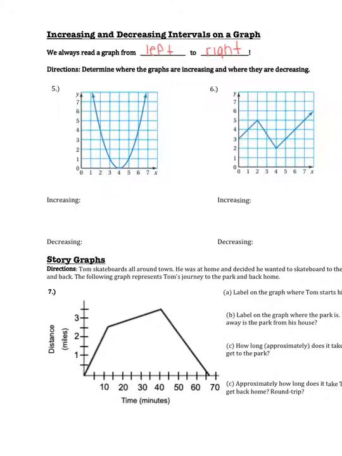So my interval for decreasing would be from negative infinity, since it goes on forever, to about 3.9, or you could say 4. And then it is increasing from 4 to positive infinity. Again, I'm using infinity because it has an arrow. That means it goes on forever.